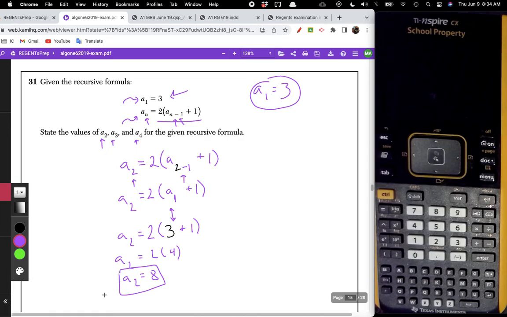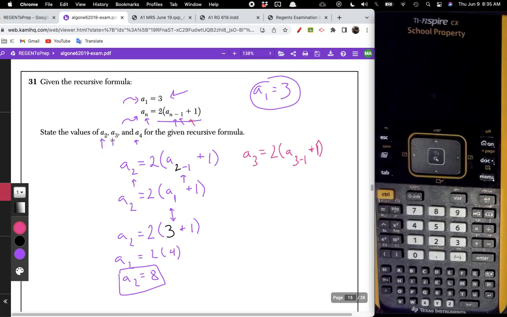And let's see what happens when we go to a3. So I'm going to try a3 over here. Maybe we'll do that in this color. a3 is going to be 2 times a sub n minus 1, so a sub 3 minus 1, plus 1, right? We're just substituting and copying what they gave us here.